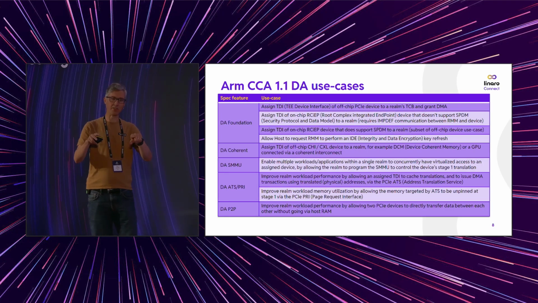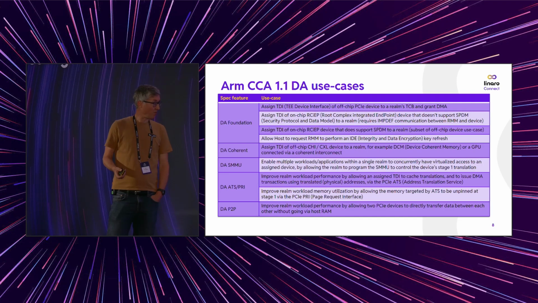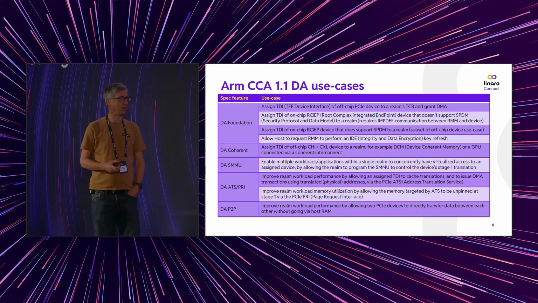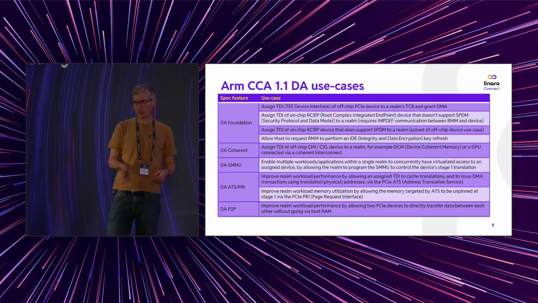If you don't have that feature, then you've got to pin memory during the use case, and so it's not as good for memory utilization. Finally, the P2P, peer-to-peer feature allows two PCIe devices to directly transfer data between each other without going via host memory, so obviously that's more performant if your device supports that.